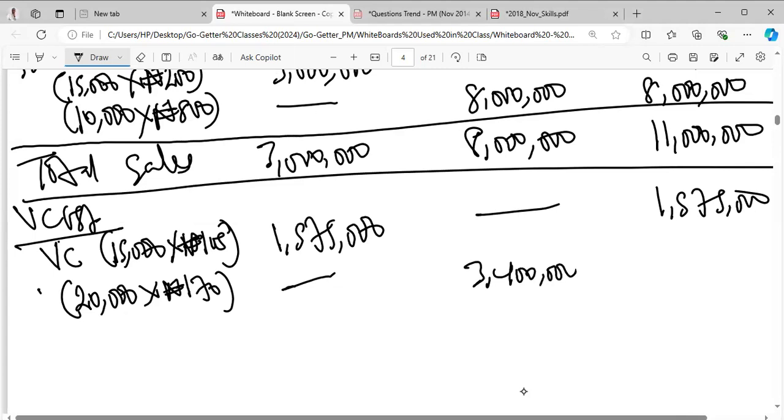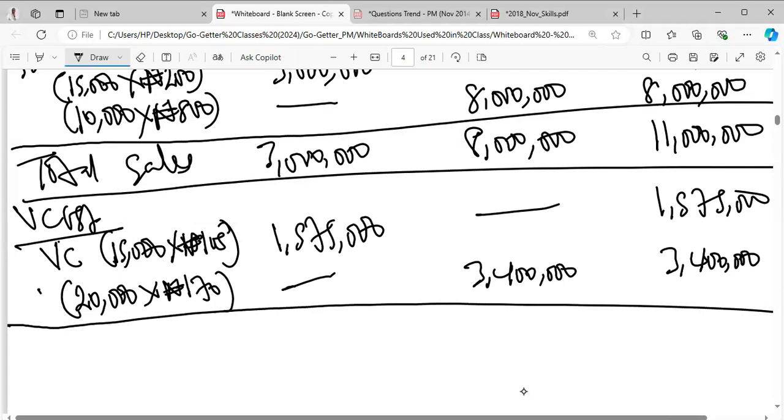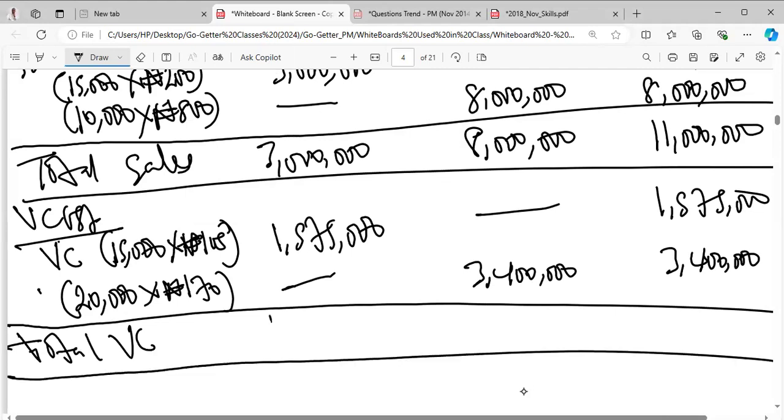This is 3,400,000. Okay, so let's get it down here. This is total variable costs. Sorry, forgive my handwriting here. 1,575,000 and 3,400,000.